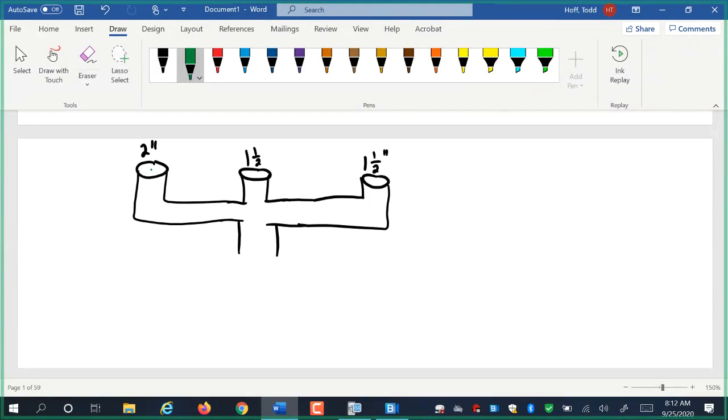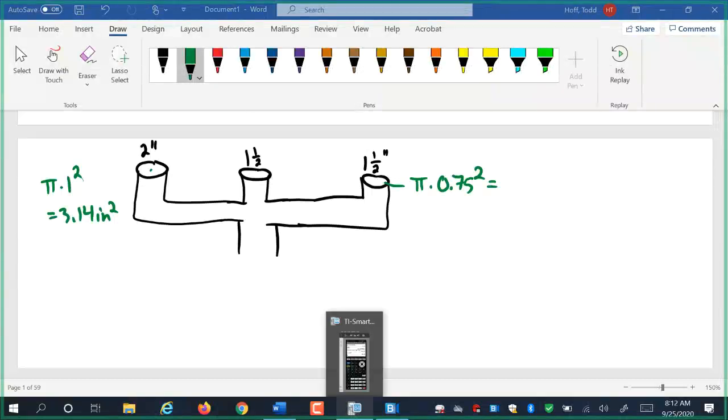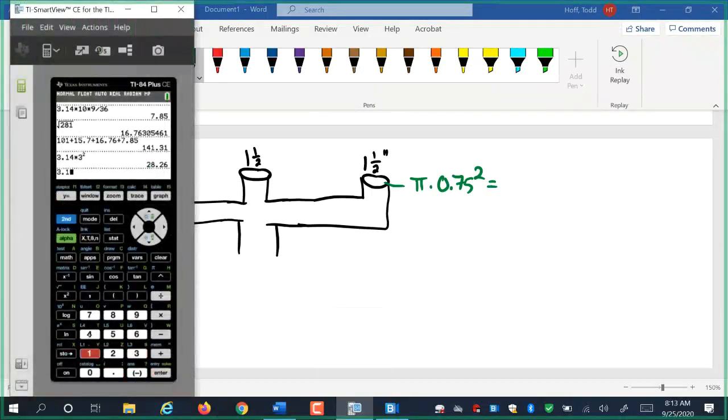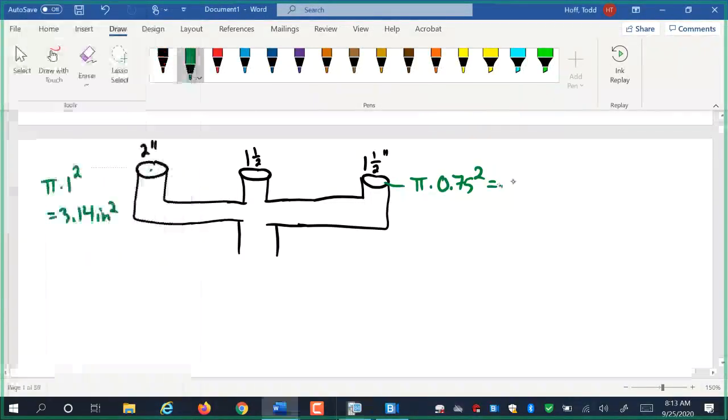So our area here is pi times 1 squared. Remember, a diameter of 2 gives us a radius of 1. That's 3.14 square inches. This is going to be pi times 3/4 of an inch, or 0.75 squared, half of the 1.5. 3.14 times 0.75 squared is 1.77.